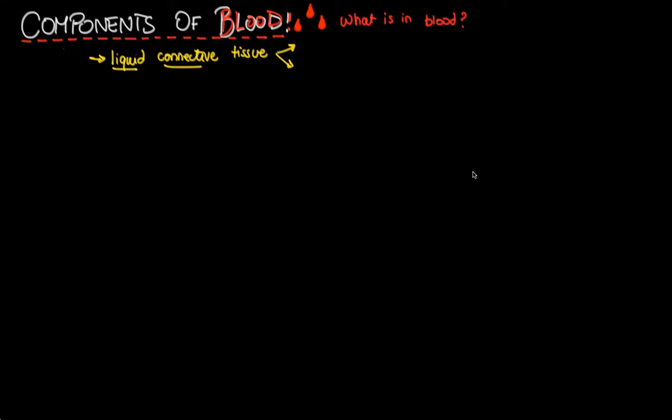Hello everyone. So in this clip, we are going to be studying the components of blood. We previously learned that we have four main types of tissue in the human body: nervous, epithelial, connective, and muscle. Blood belongs to the connective tissue, and so this means that it is made up of an extracellular matrix, and in that matrix, we have cells that are suspended.